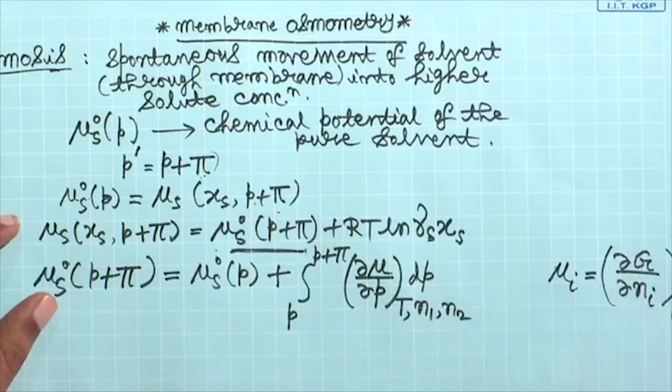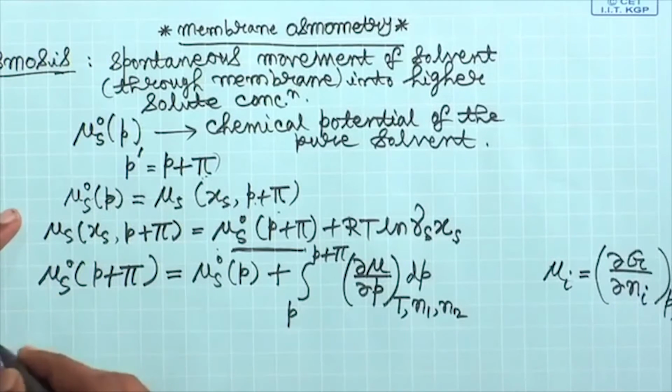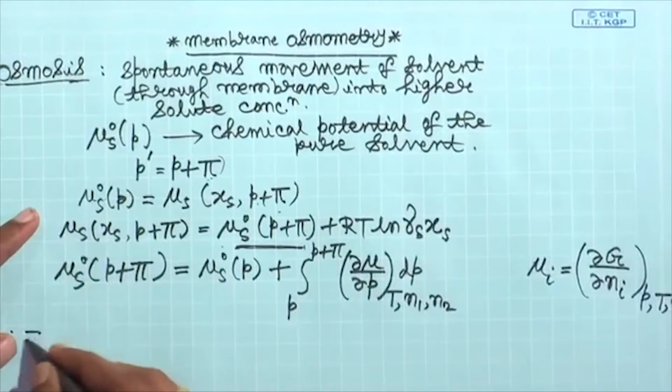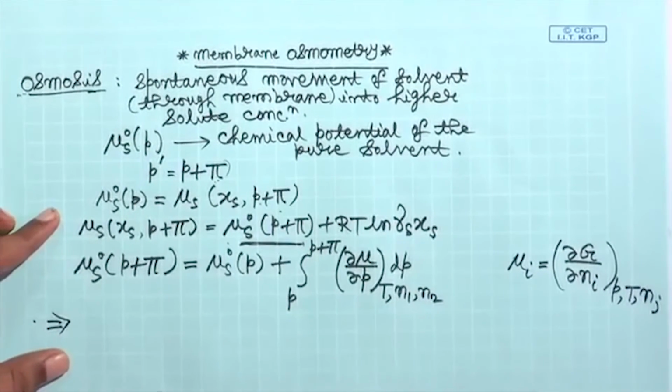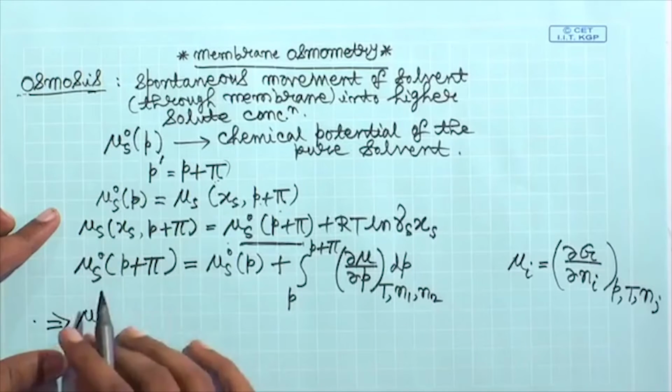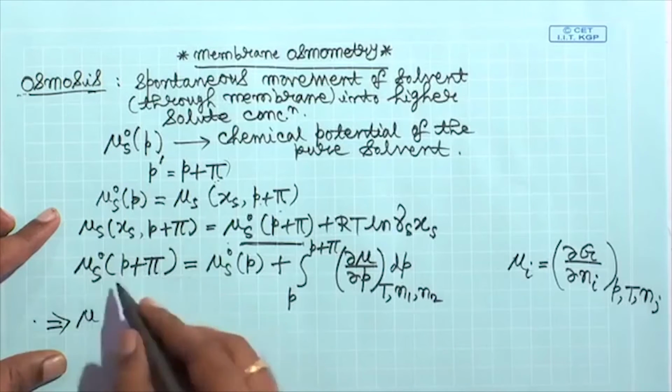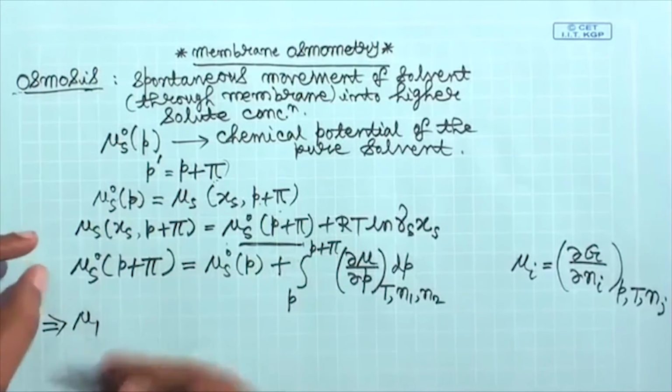So, mu is del G del N. Writing this expression, mu s 0 at P plus pi. Let us simplify this as mu 1.